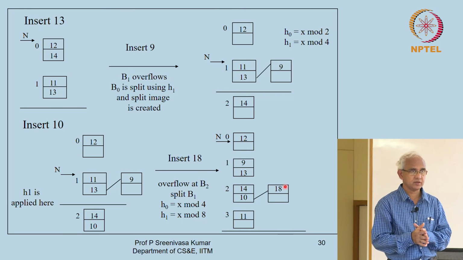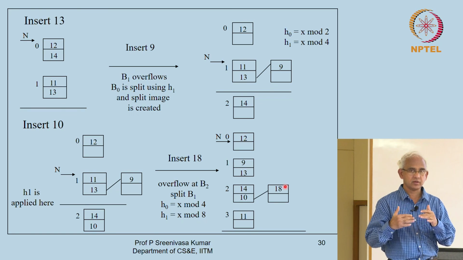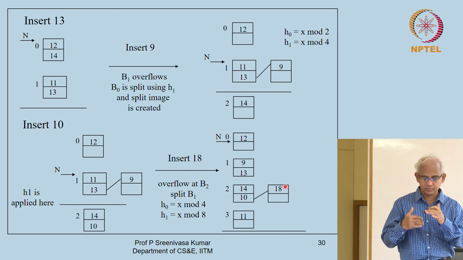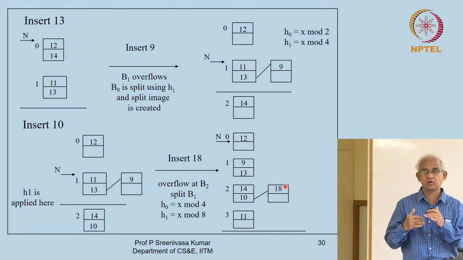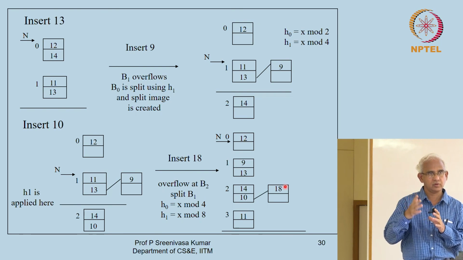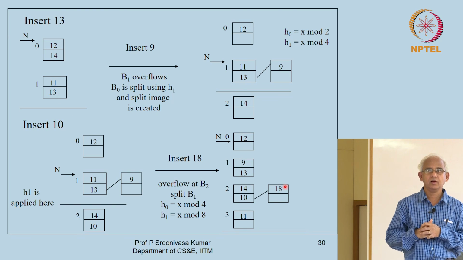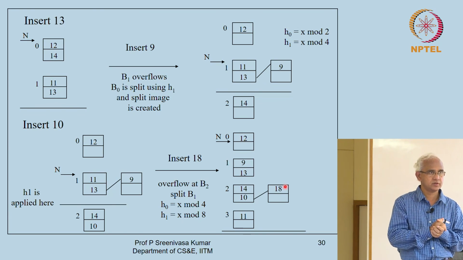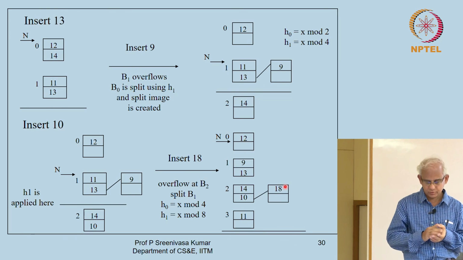In the case of linear hashing, for example, when shrinking occurs, you can keep discarding the split images. You can merge the split image with the original data bucket if both of them become less than half full. When the number of buckets decreases, you can switch back to the old pair of hash functions.